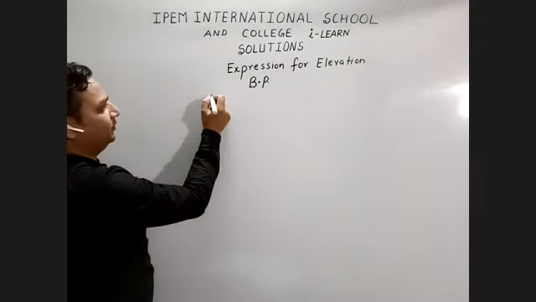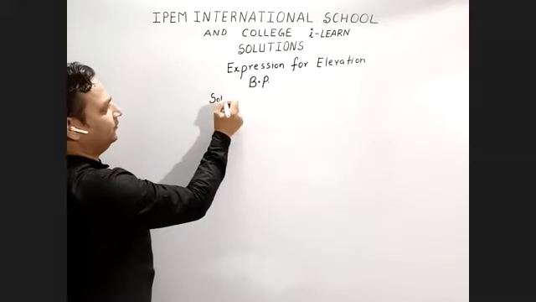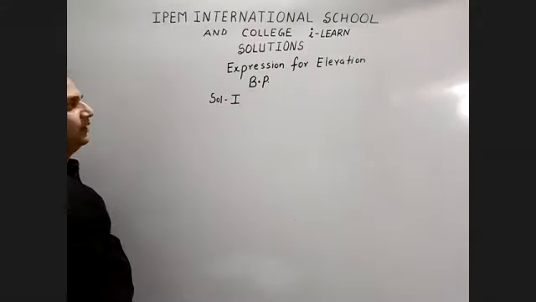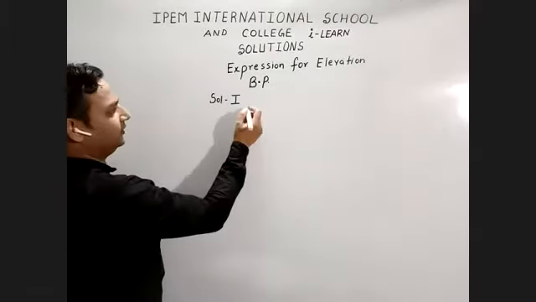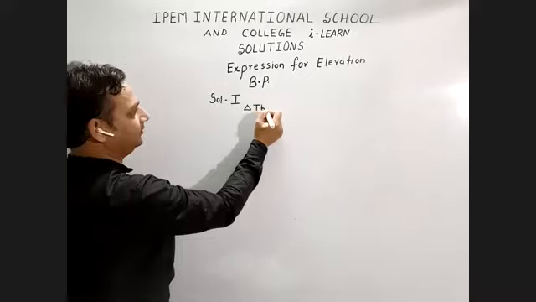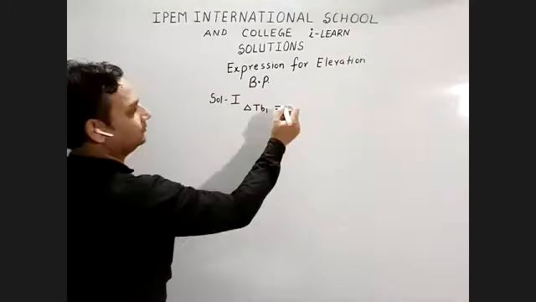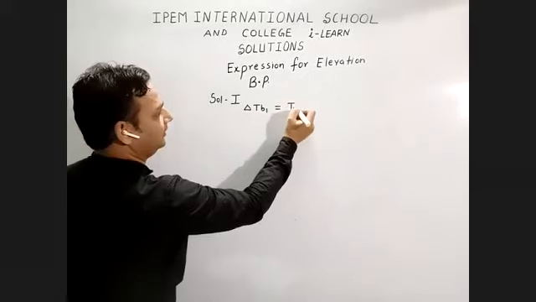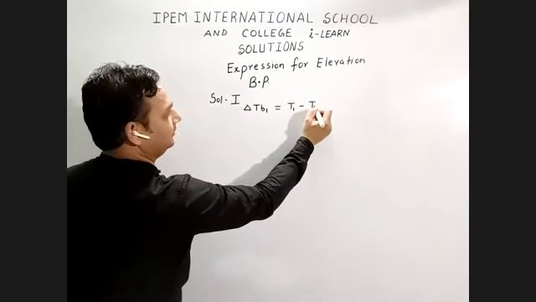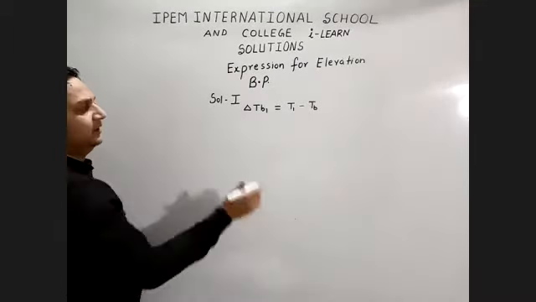Now, when we are doing the graph, the elevation of boiling point for solution 1, that is delta TB1, is equal to T1 minus TB. That was for solution 1.